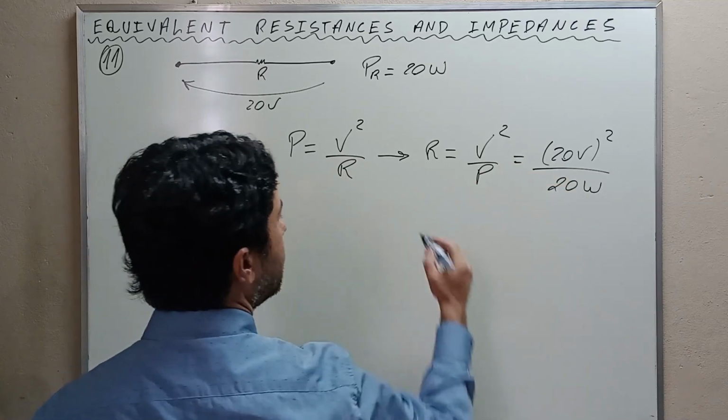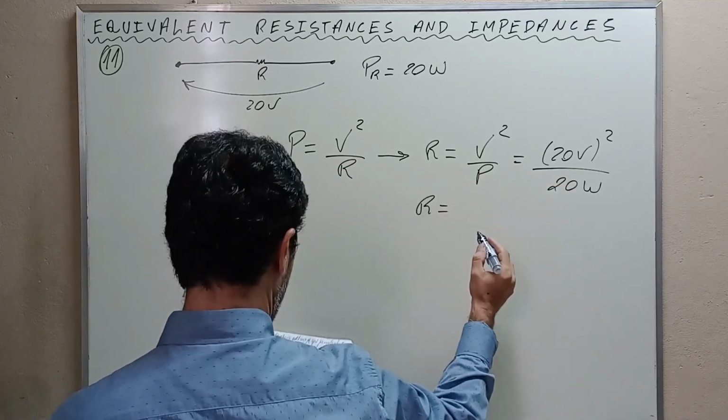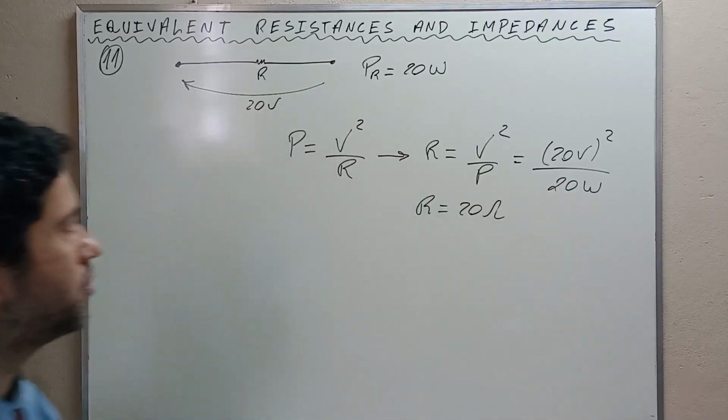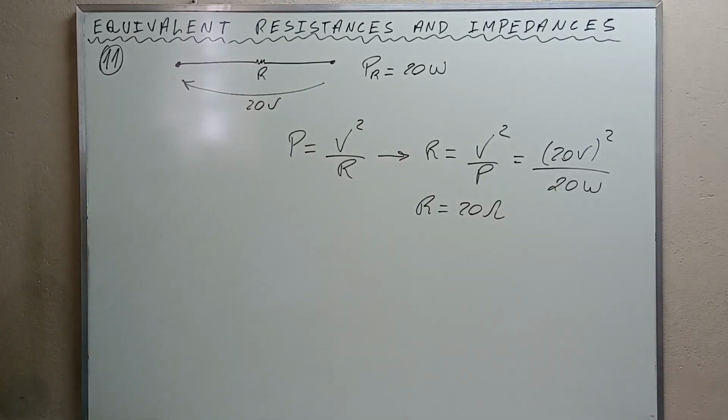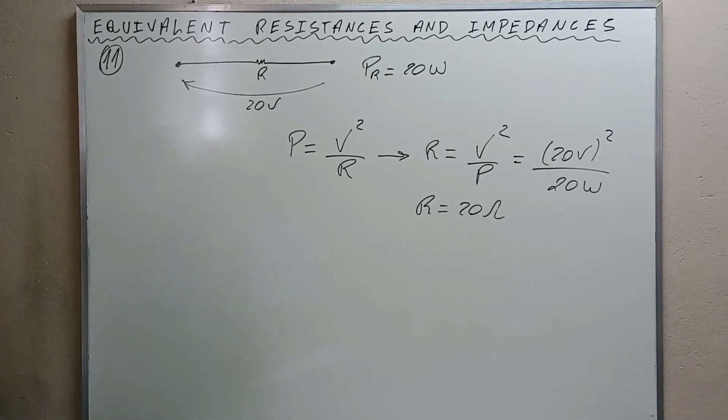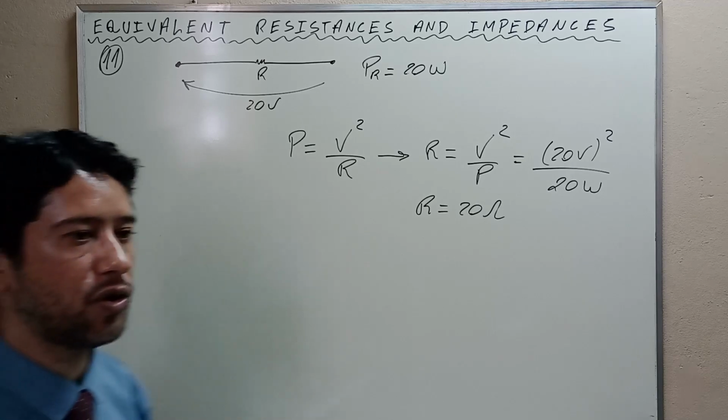If we calculate this, we find that the resistance is 20 ohms. Simply, all we need to know is this expression. And this is all for the debate of exercise 11. Let's go to the next.